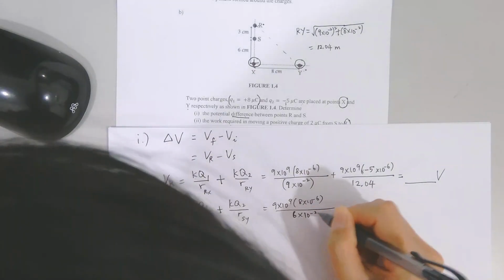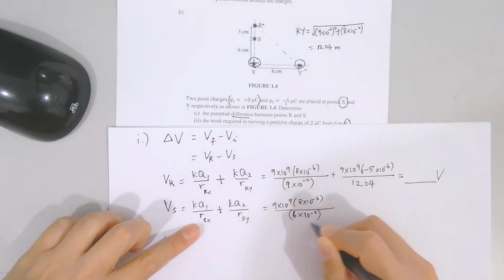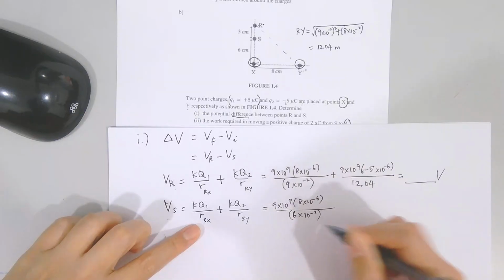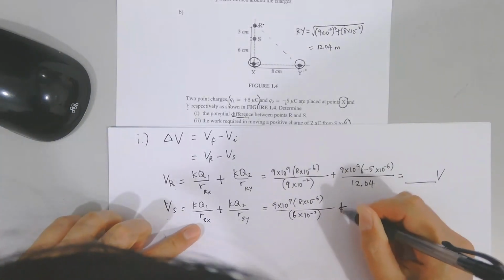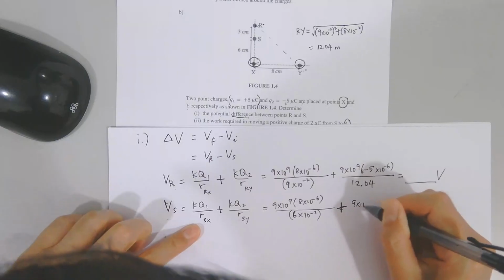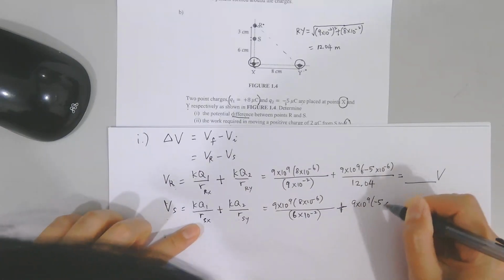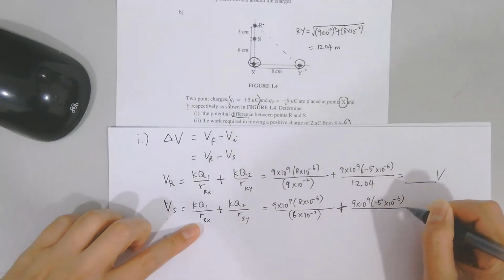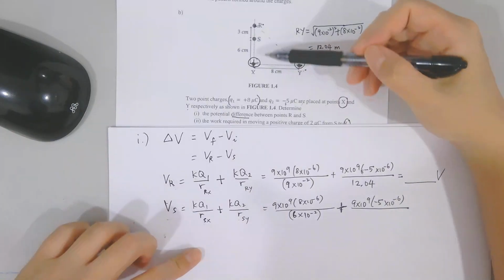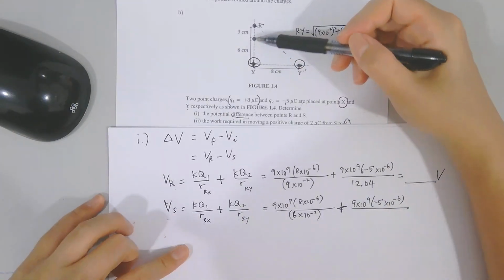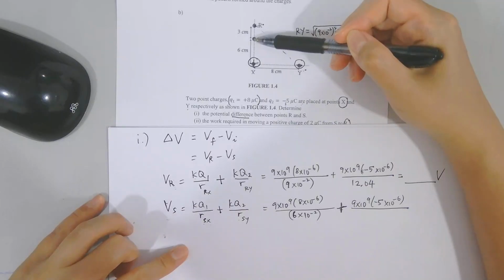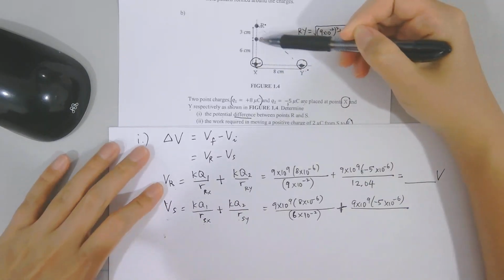Distance 6. Don't forget to multiply by the centi exponent negative 2, and this one add on 9 exponent 9 negative 5 exponent negative 6 divided by, as we know in mathematics SPM, if this one 6, this one 8, this one should be 10, right?